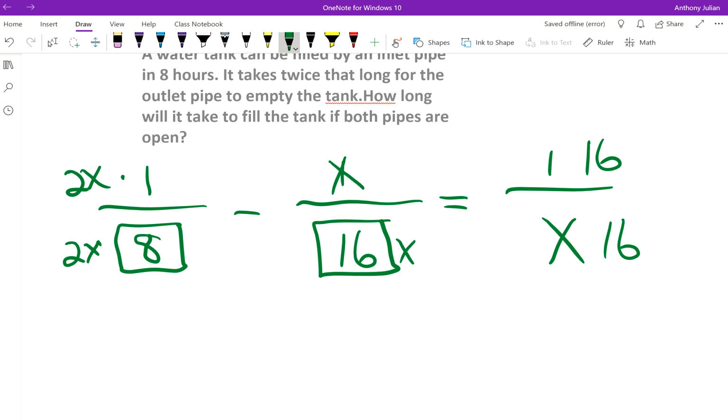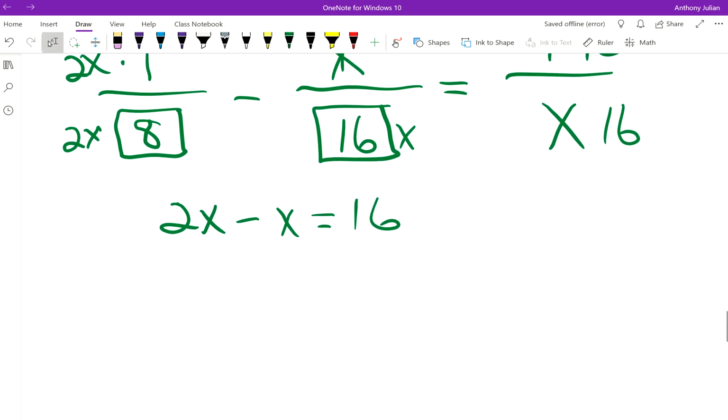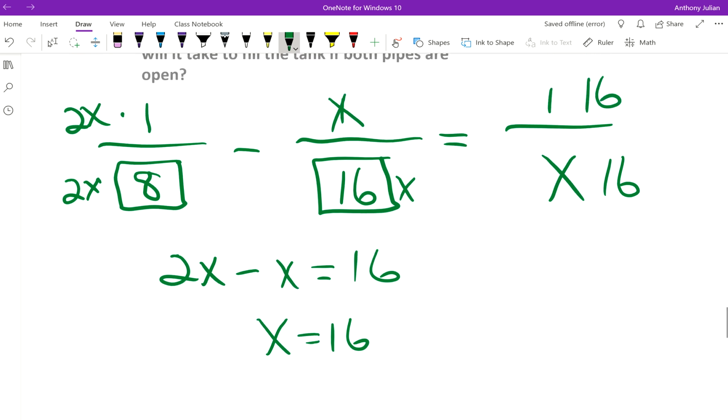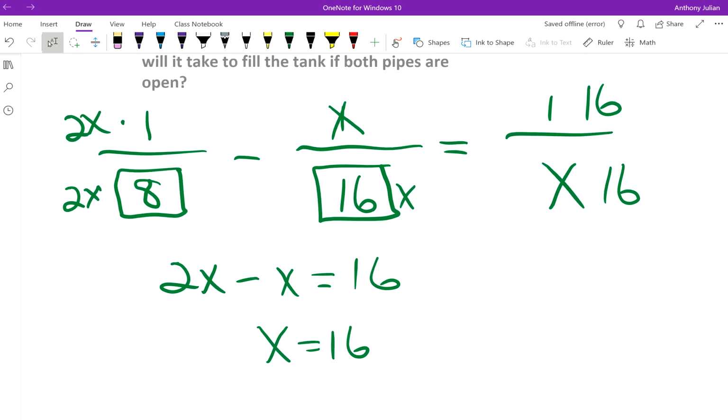And then my equation becomes 2x times 1 is 2x minus x, which was before x times 1, and that's going to equal 16. So 2x minus 1x is x equals 16. And that would be our solution.